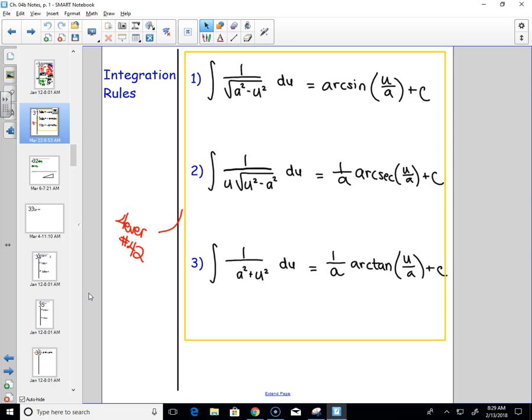We have to do those slope field things. Differential equations and slope fields are next chapter, and then areas and volumes are the last chapter. Yeah, we do washers, rotating functions.